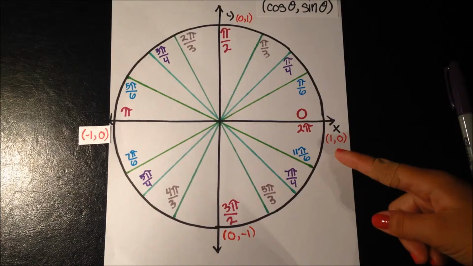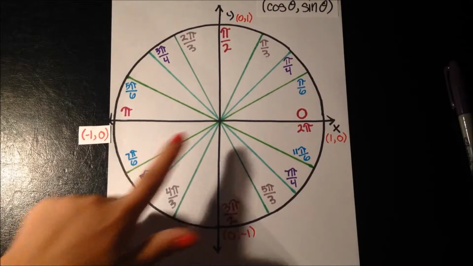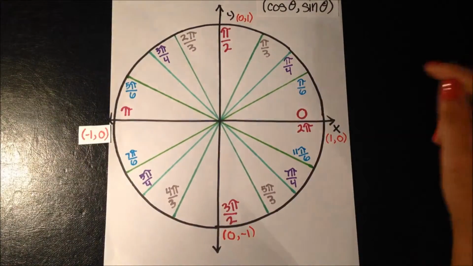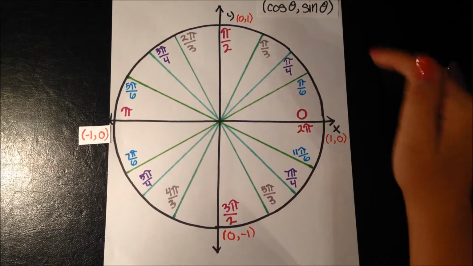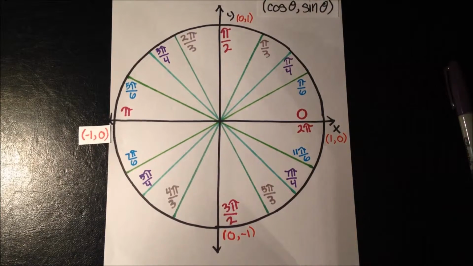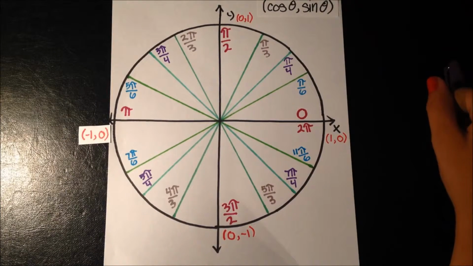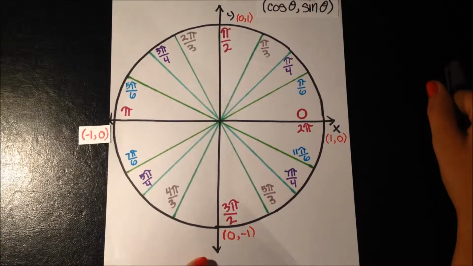So here we have 1, 0, because remember the radius is 1 and the origin is right here, so it is 1, 0. And now up here we have 0, 1, because the radius again is 1 from the origin. And then we have -1, 0, and 0, -1.